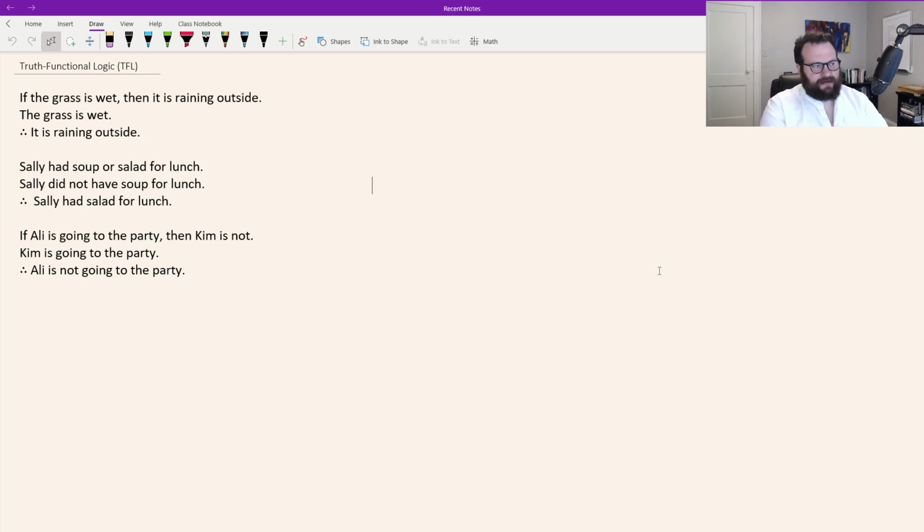Okay, so now that we kind of have an idea of what TFL is looking for, arguments that are valid by their structure, we can start to use it. The first step in using TFL is to learn how to translate natural language into formal language.